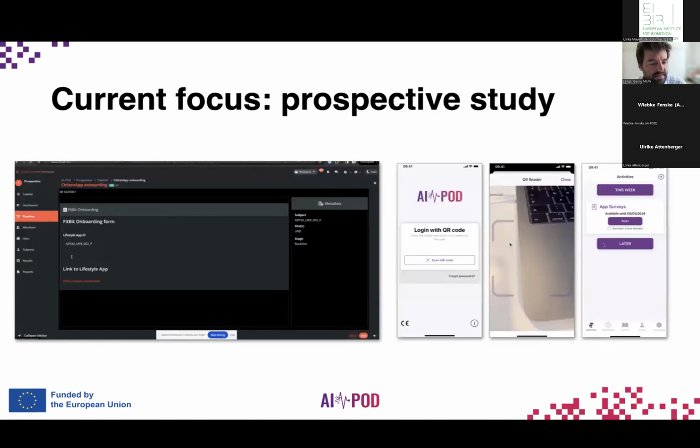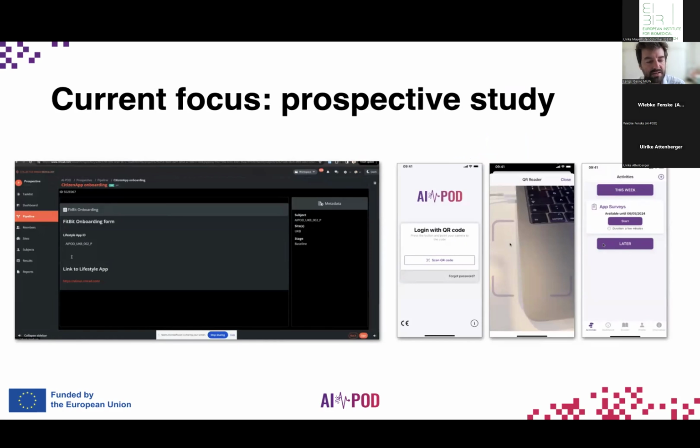To give you a bit of a sense of what that looks like, here are the current systems. On the one hand side, that's the interface for the platform that is used by the trial managers across the 6 sites in order to onboard the individual patients. On the right-hand side, you see current screenshots of the app.